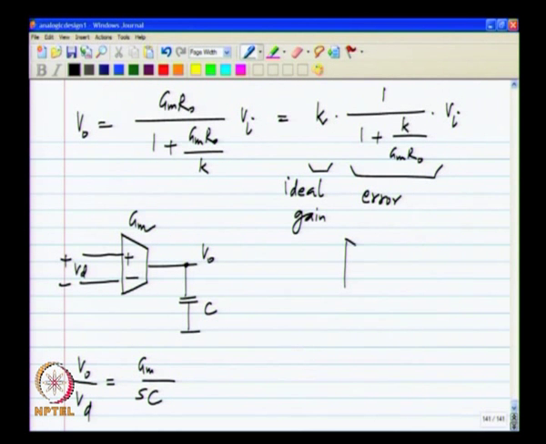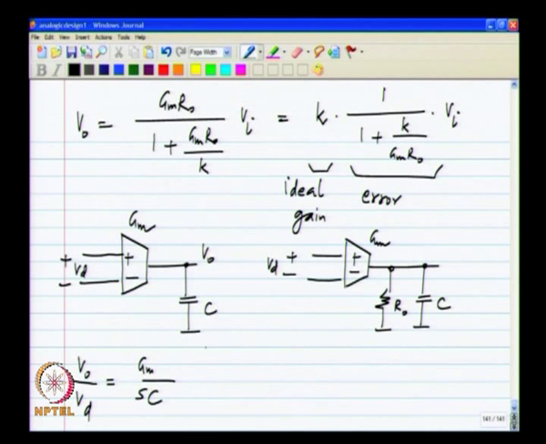But in reality we have Vd, we have Gm, and we also have Ro. So, in this case V naught by Vd will be Gm divided by the total admittance at the output, which is 1 by Ro plus sC. So, we have an extra term and the pole which was at the origin has moved to a different frequency. In this case the pole is at the origin and in this case the pole is at a different frequency.